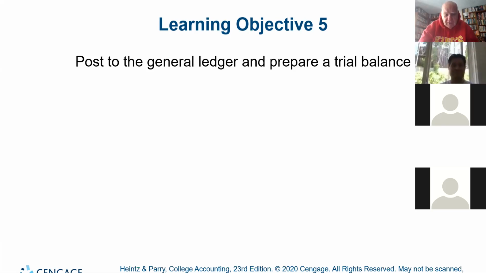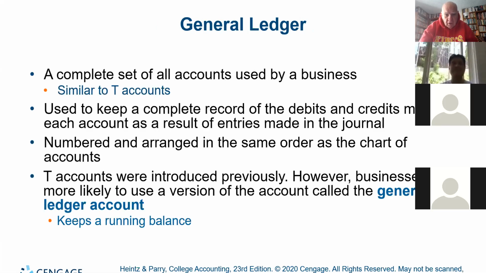We were talking about posting to the general ledger. What's the general ledger? The general ledger is a glorious T account. It looks like a couple of T accounts side by side. The general ledger is the complete set of all accounts used by a business, similar to T accounts.